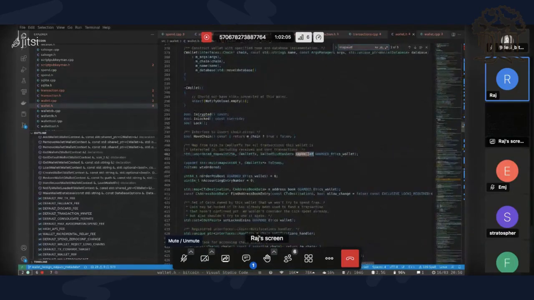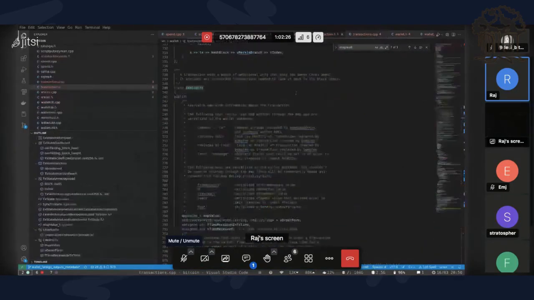So mapWallet is an unordered map of transaction hash and a CWalletTx. So this is the entire wallet data, if you may, and it's storing CWalletTx. This is the main structure of the wallet that the wallet deals with, and it's defined in the wallet transaction.